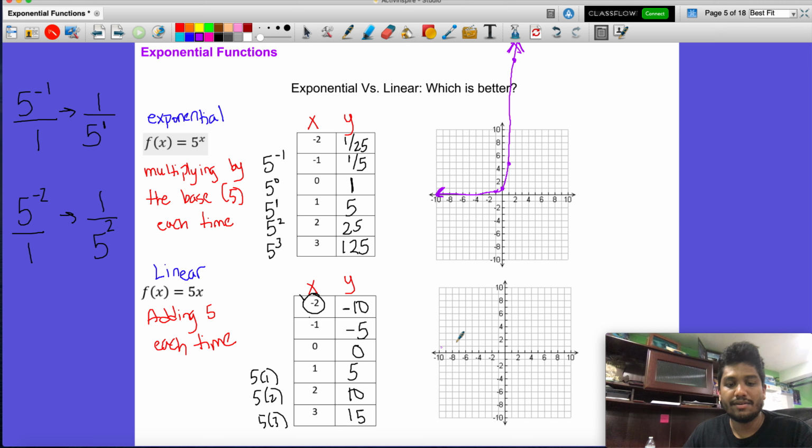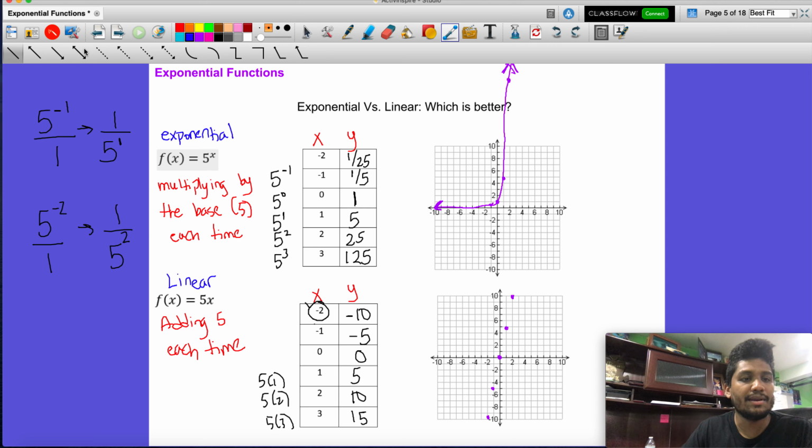And then down here you have 0, 0, 1 comma 5, 2 comma 10, negative 1, negative 5. All we're doing is just graphing. I can barely even see this on my screen. Bam, right? And you're going to have a line that looks like this. I think I actually have a line maker right here.